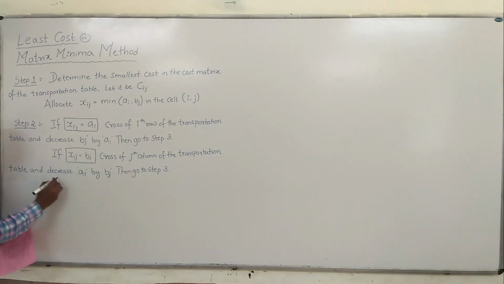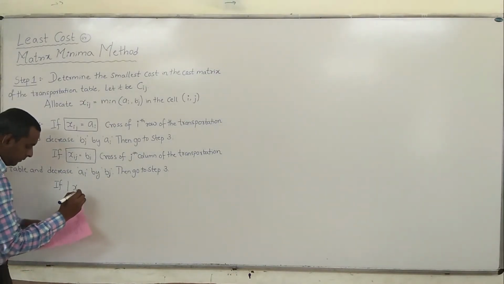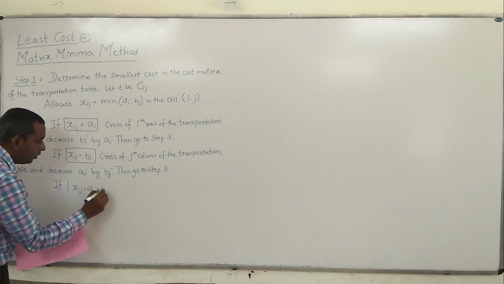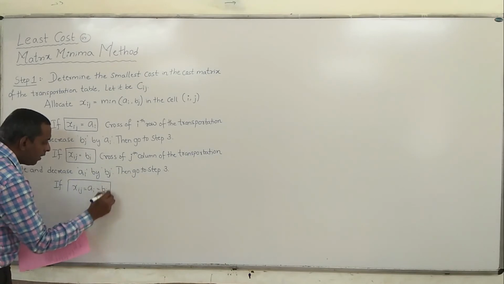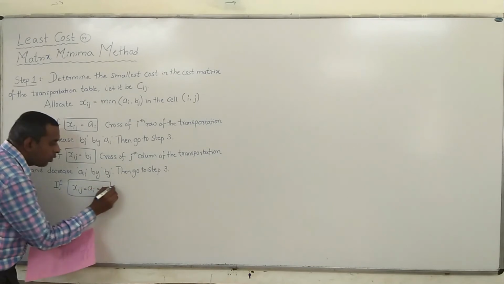Sorry, the third condition, that is Xij is equal to Ai is equal to Bj. In this condition, what happens?